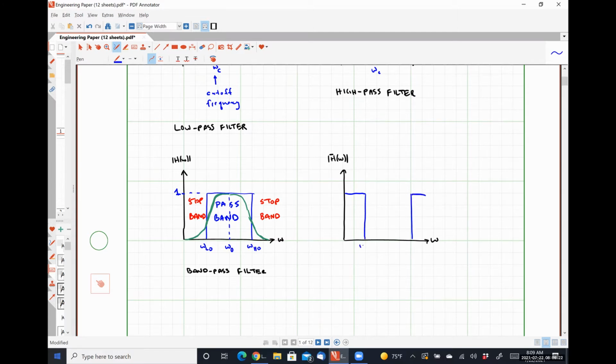So we still have omega low, omega naught, and omega high, but now we have two discrete pass bands with a stop band in the middle. And so this is what's called a band stop filter.